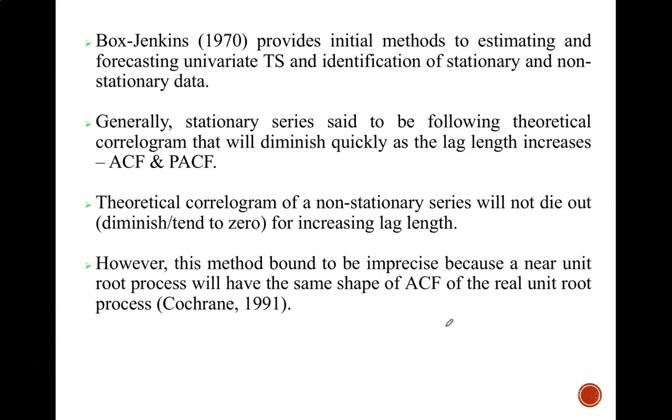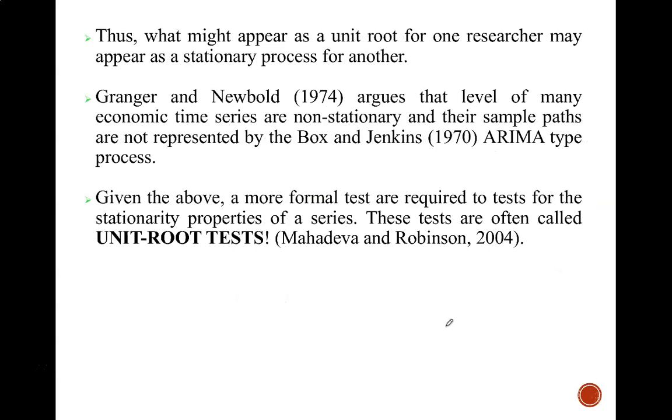But these methods have been criticized much in the literature, because it's not complete. It's just looking at the correlogram with the naked eye, rather than having a formal statistic or formal testing to do this analysis, right?